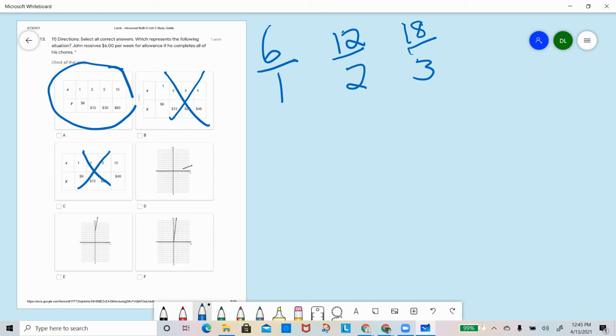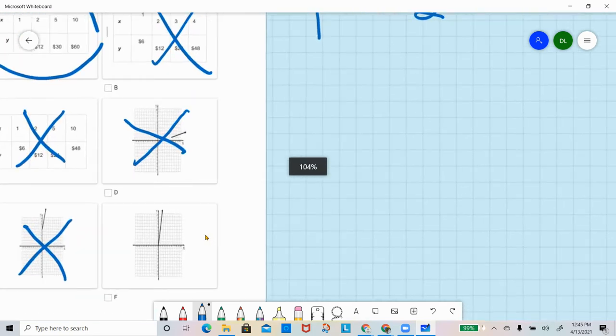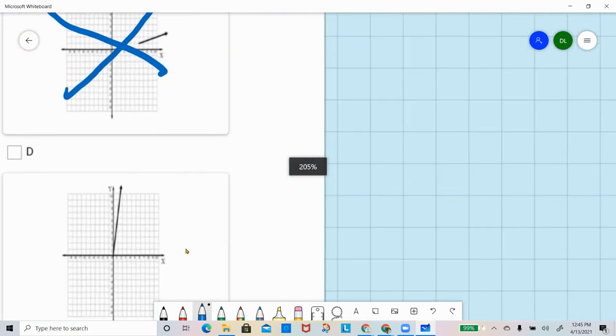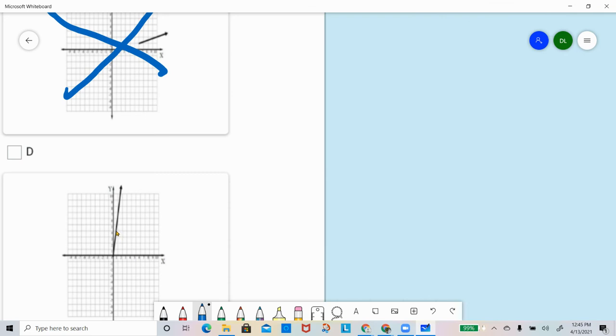Well, these tables are small. Well, first off, this is proportional, right? Which means because it would have to go through 0, 0. Those two can't be right. The other one's really small. They want more than one correct answer. We'll make it bigger and look. So this should show 1 at 6, 2, it doesn't even go up to 12.